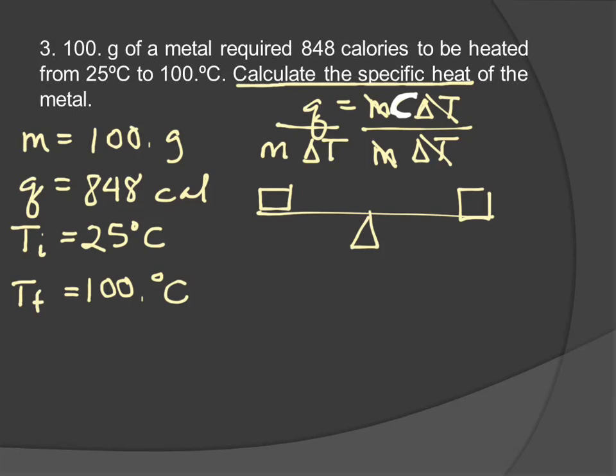If you take something off, you have to take something off. We're trying to keep the teeter-totter balanced. So now I've got this equation, but it's all messy looking. So I'm going to walk around to the other side of the teeter-totter, and I'm going to put the C on this side. And C equals Q over m delta T.